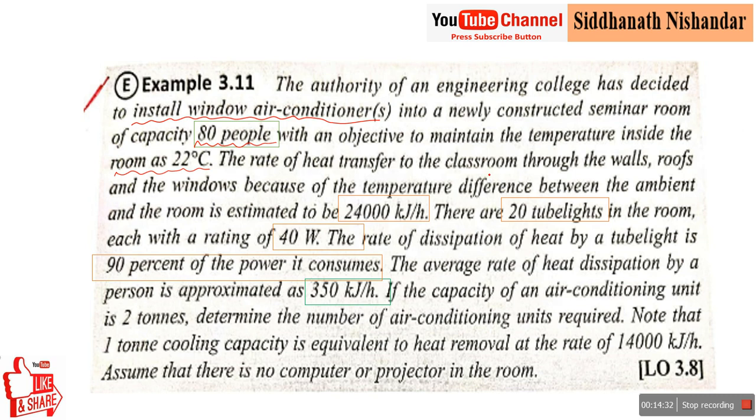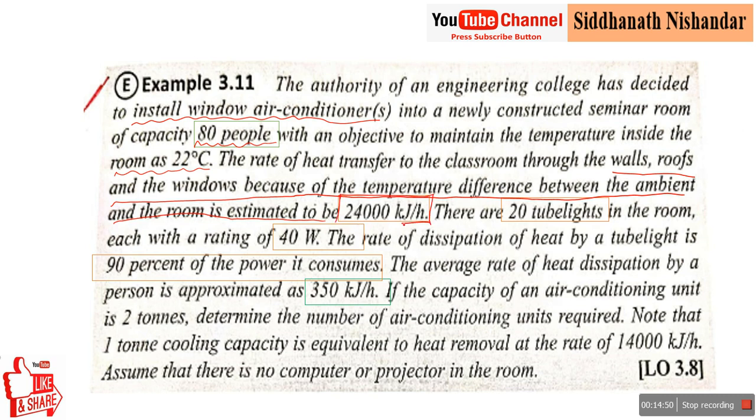The rate of heat transfer to the classroom through the walls, roof, and windows, because of the temperature difference between the ambient and the room, is estimated to be 24,000 kilojoule per hour.